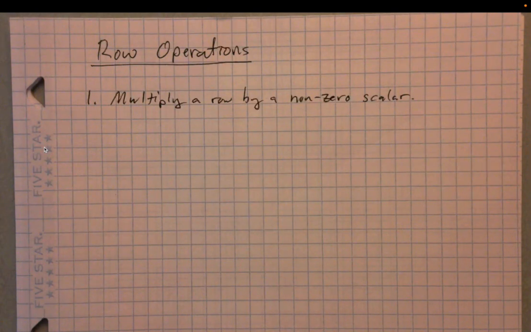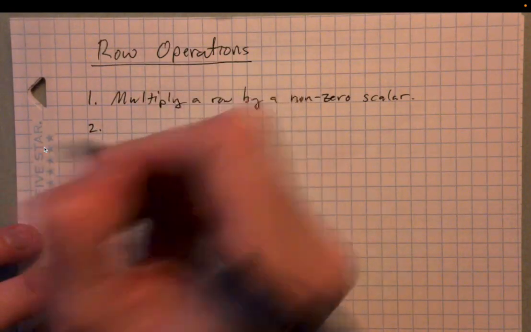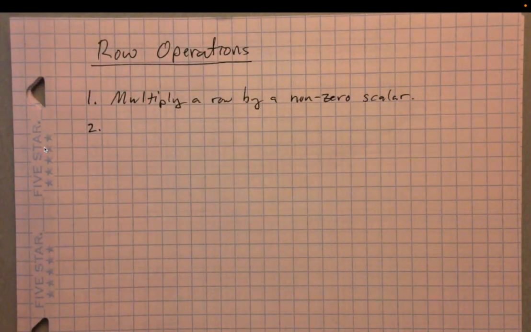So my starting matrix and my resulting matrix after this scalar operation on a row have the same solution set. The second one is I can add a scalar multiple of one row to another row.